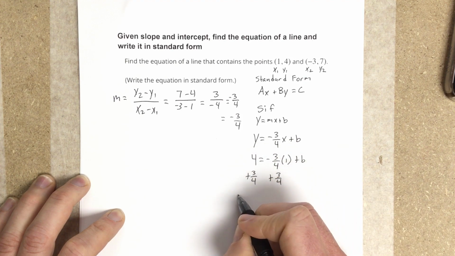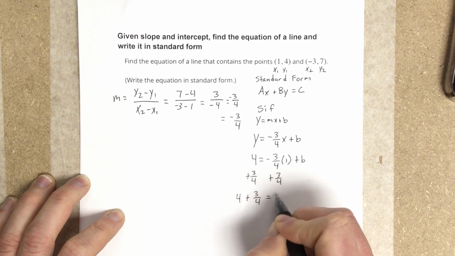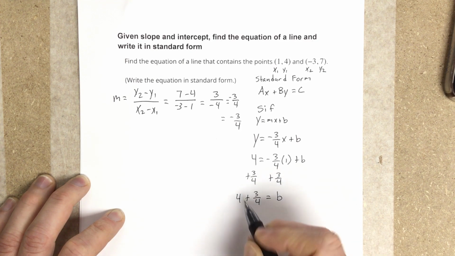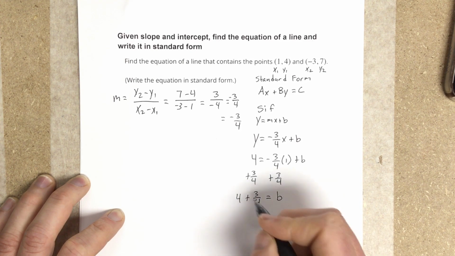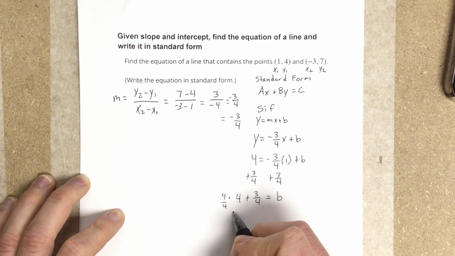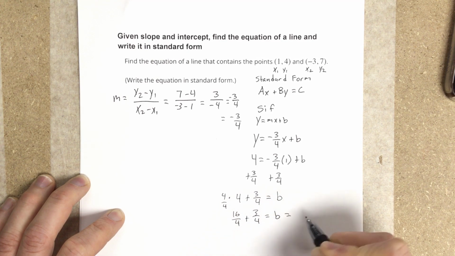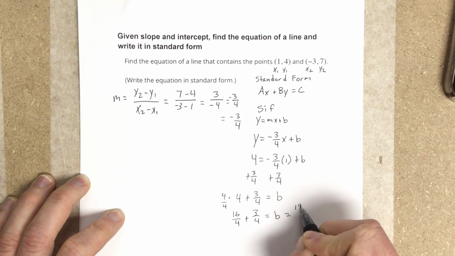And we get 4 plus 3 over 4 is equal to b. Find a common denominator here. So we're going to multiply this by 4 over 4. And that's 16 over 4 plus 3 over 4 is equal to b, which gives you 19 over 4.